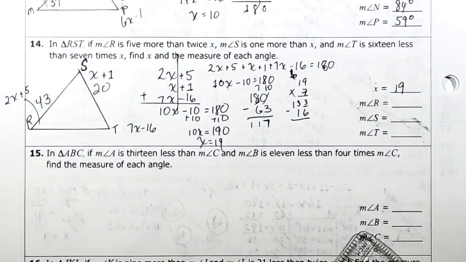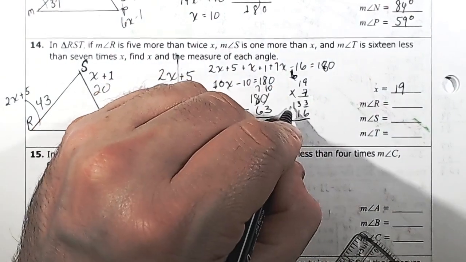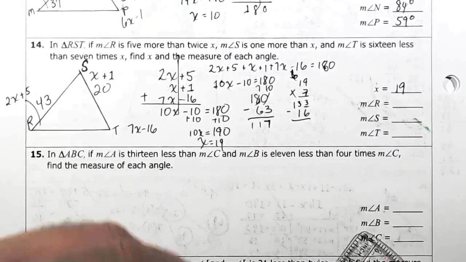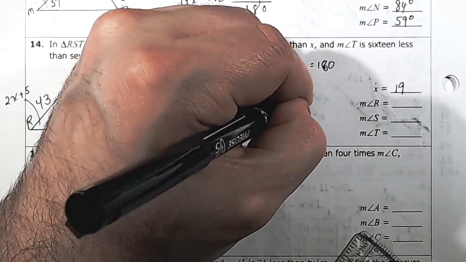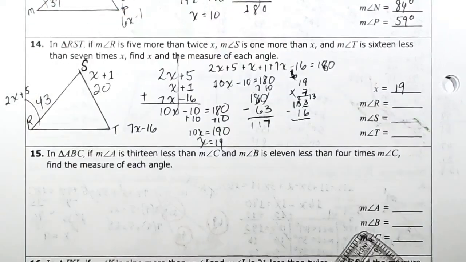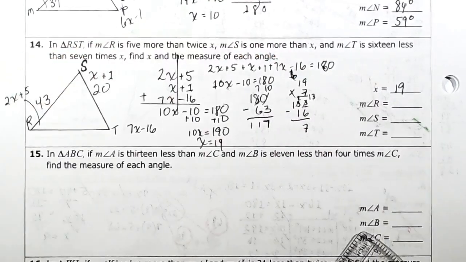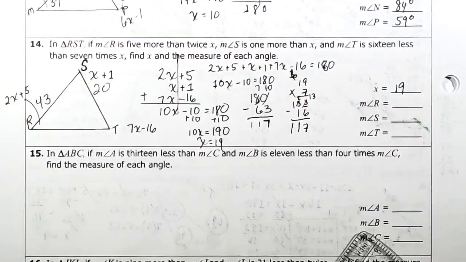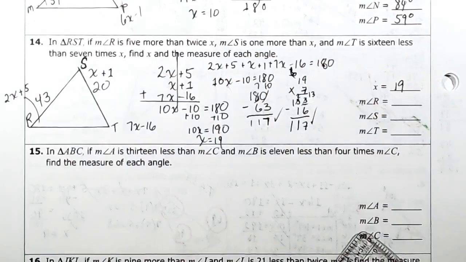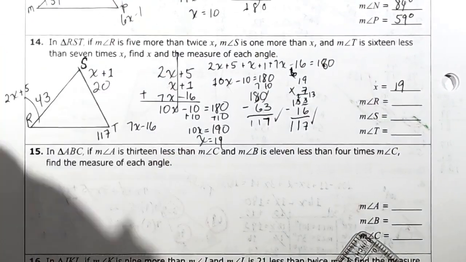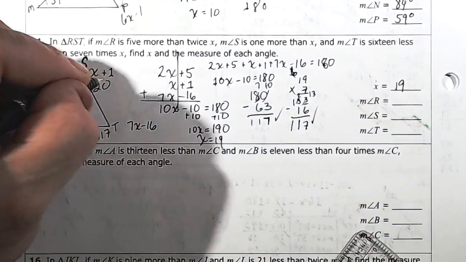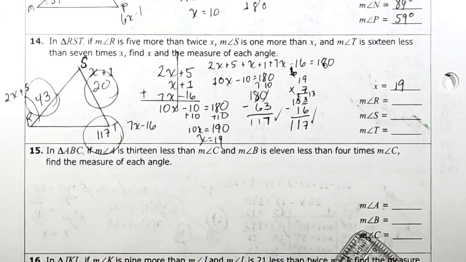So now I have to subtract 16 from 133. I'm going to borrow the 2 and make this 13. So 13 minus 6 is 7. 2 minus 1 is 1, and 1. So yeah, it checks out. This is 117. So this is 43, this is 20, and this is 117.